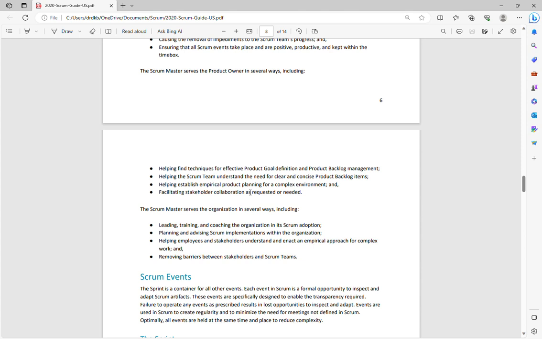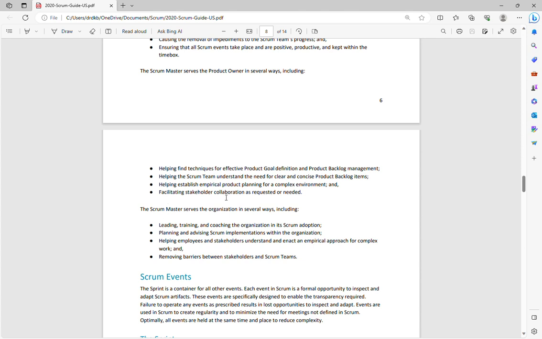During the retrospective, they can identify the improvements required and work on it in the next sprint. So that is what empirical product planning for a complex environment means, that a Scrum Master should make sure that the team learns from the previous sprints, and during the retrospective they can discuss the improvements and work towards the improvement.